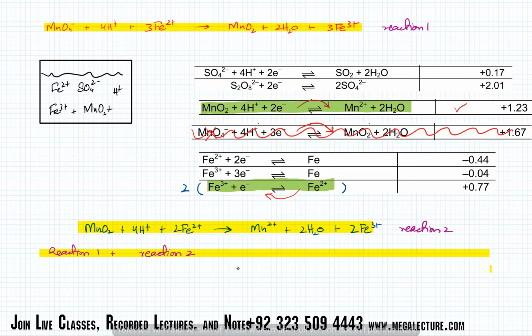So add up the left side. The left side is MnO4 minus 1, 8H plus 1. अच्छा 3 Fe2 plus ऊपर and 2 Fe2 plus नीचे, so that's 5 Fe2 plus. And the product: add up the right side, so it's Mn2 plus. How many Fe3 plus? 3 ऊपर, 2 नीचे, so that's 5 Fe3 plus.